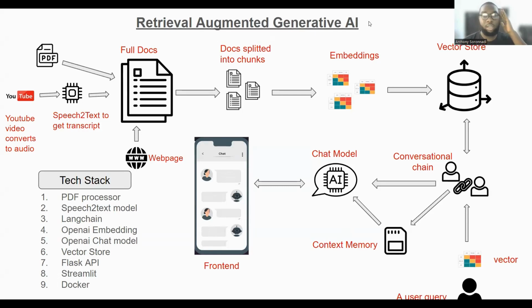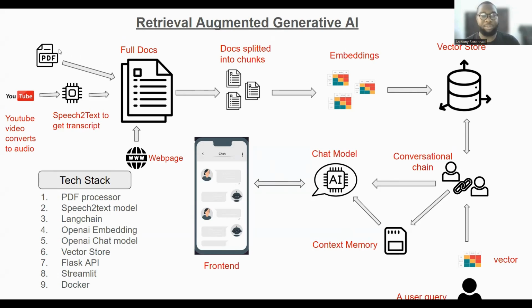So here we see Retrieval Augmented Generative AI. This is the framework that I used to build this. In the demo I'm going to show you, it accepts PDF.